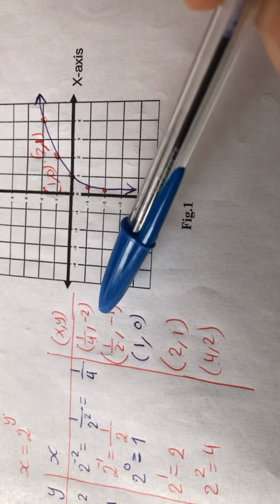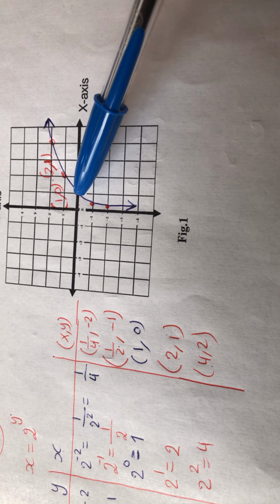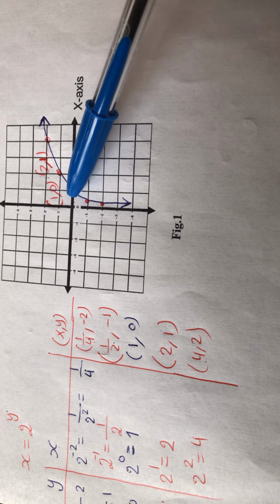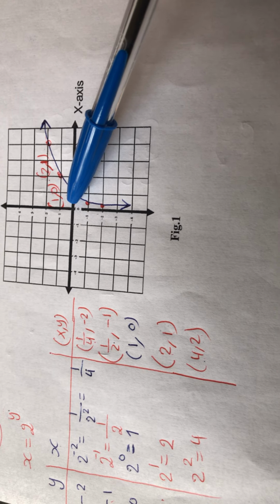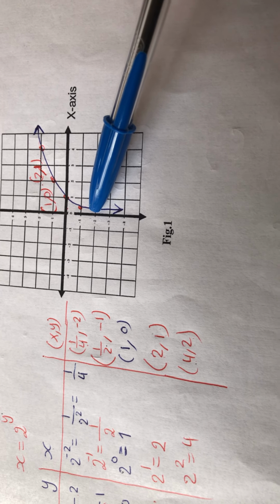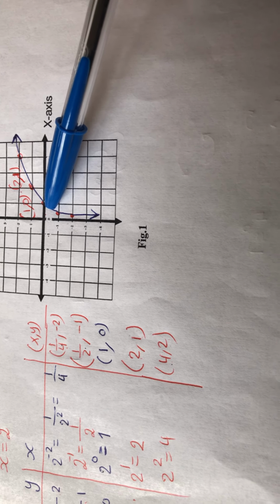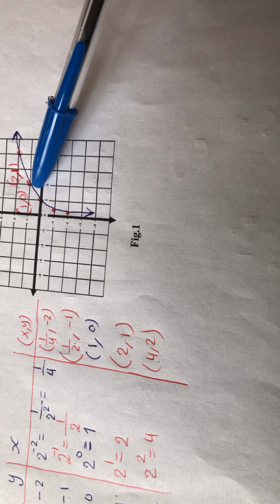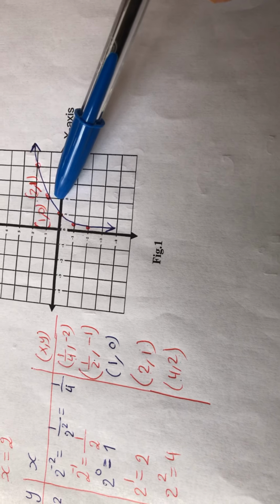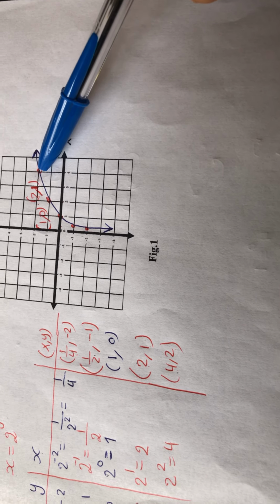The first one is 1 over 4, negative 2. So we get this point. Then 1/2, negative 1, we get this point. 1, 0, then 2, 1, then 4, 2. This point is 4, 2.